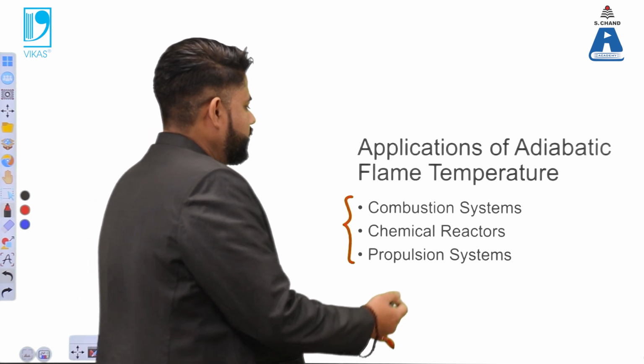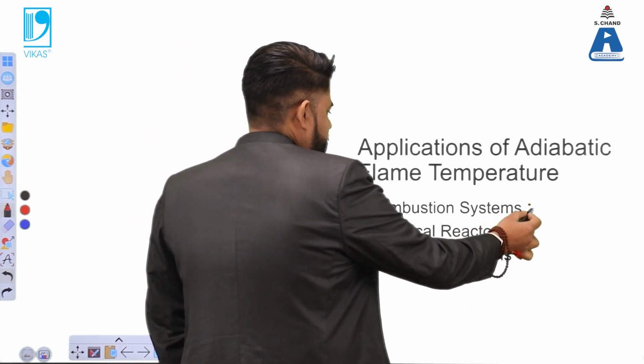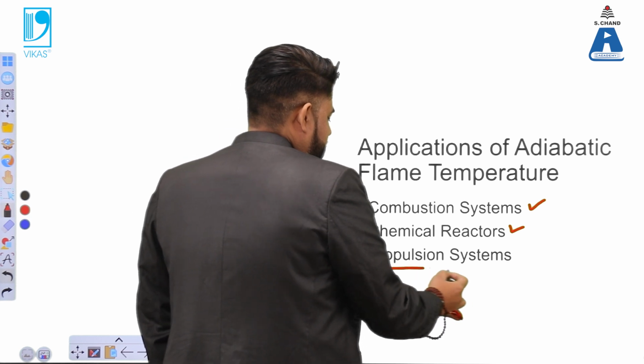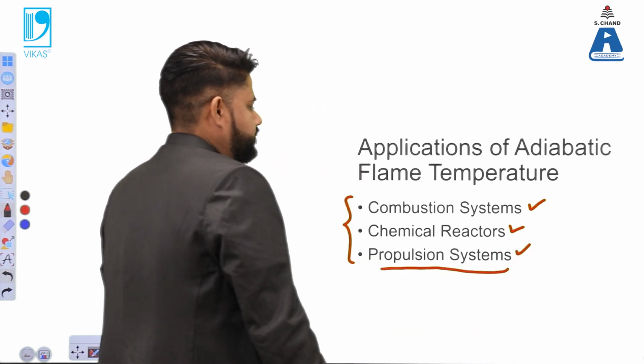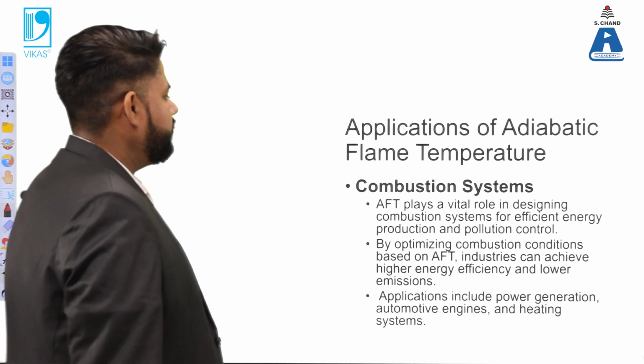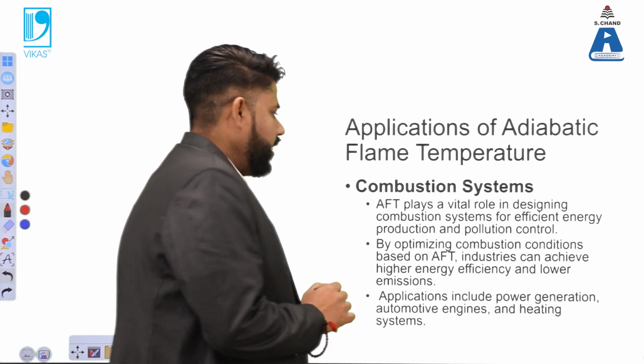First and foremost is the area of combustion systems, then you have chemical reactors, and later you have propulsion systems. So what is the application of adiabatic flame temperature in combustion systems?